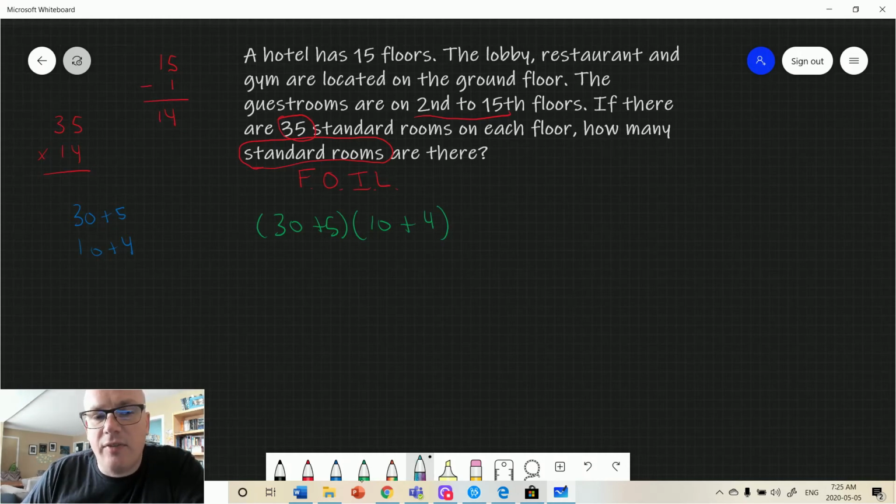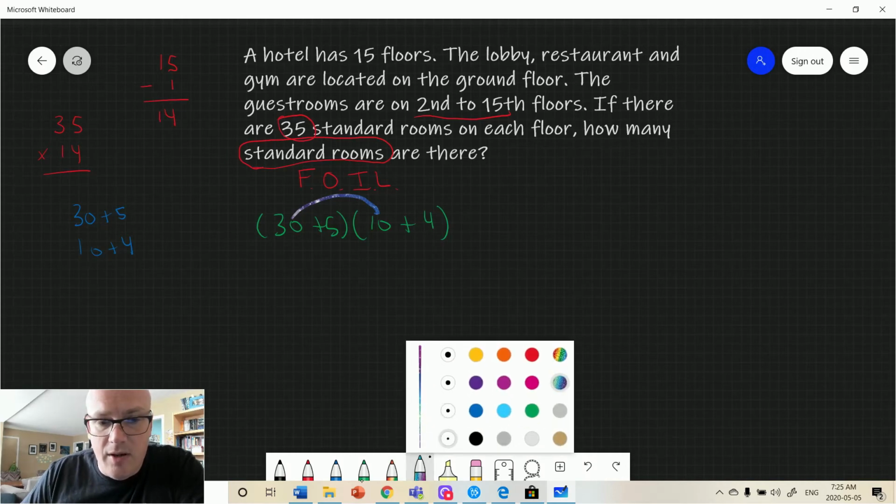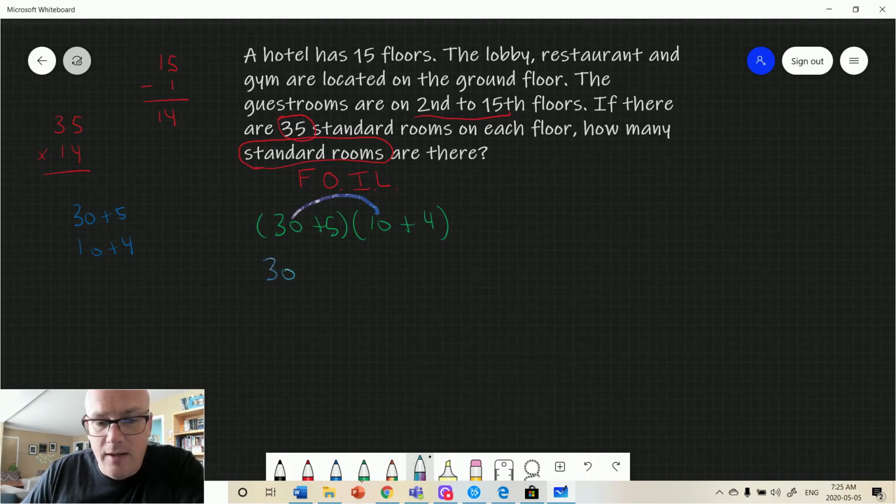FOIL says the very first thing we're going to do is the first numbers. That's 30 times 10. So what I'm going to do is down on the bottom, I'm going to put 30 times 10 right here. 30 times 10 equals 300. The next is the O, the outer. That would be 30 times 4. 30 times 4, that's the same as 3 times 4, which is 12.